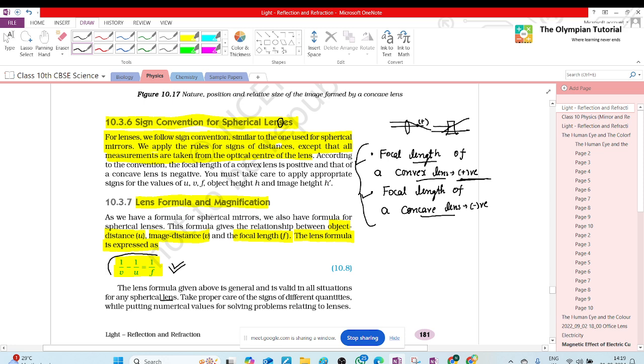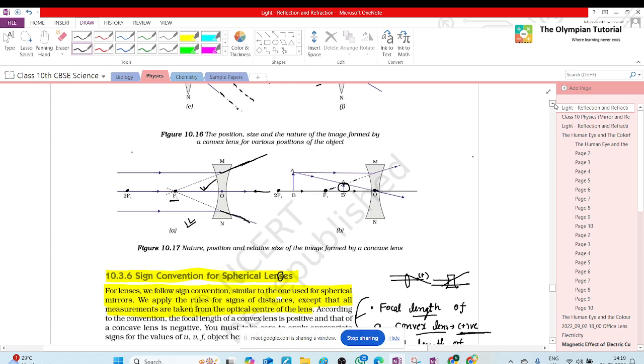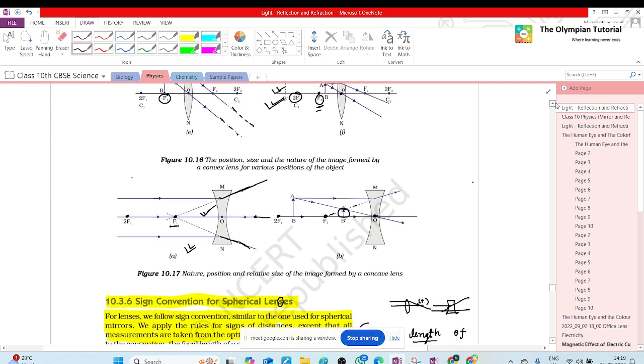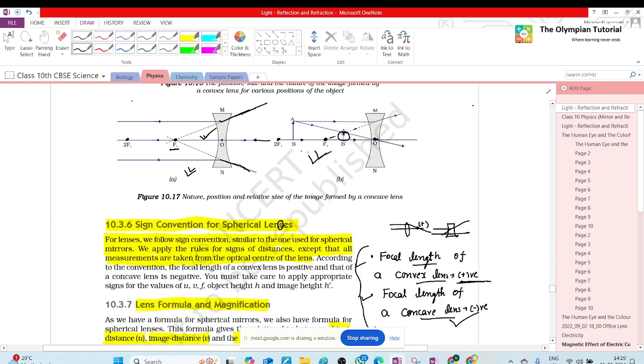Ma'am, so for focal length we'll only count f2? Whichever side the object is placed, which is the left side, we won't count the focal length on that side. In the case of a concave lens we are taking it negative, and the object is also on the left side. Here the rays are diverging, so we can't take the right side in the case of concave.